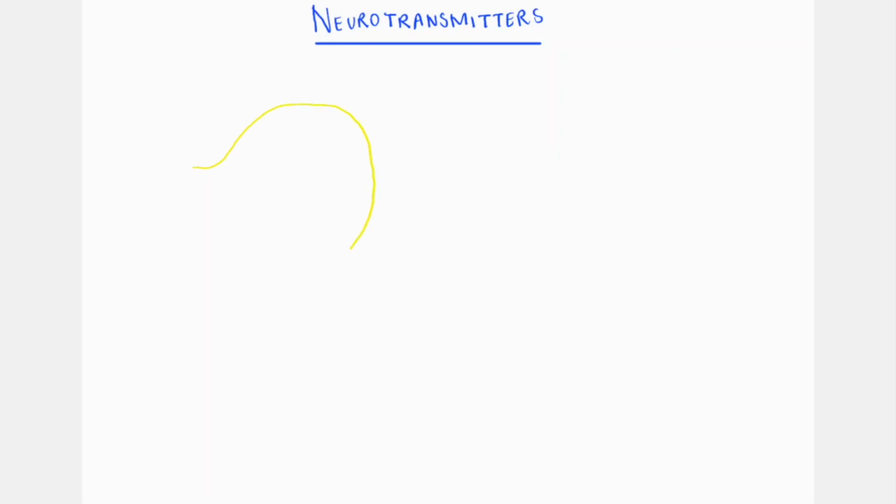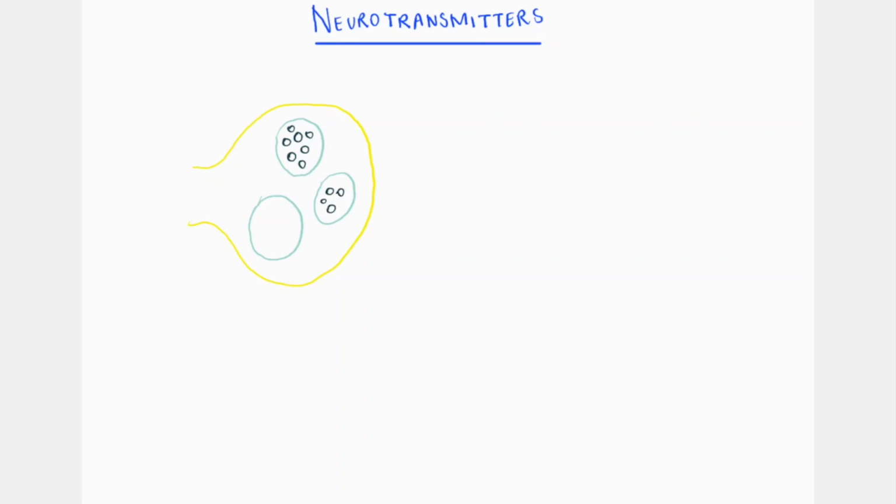Okay, this is the axon terminal, and what's peculiar about this axon terminal is that there are small pouches, right? This is a pouch, this is a pouch, and this is a pouch. Okay, and these are filled with tiny molecules, with tiny compounds.